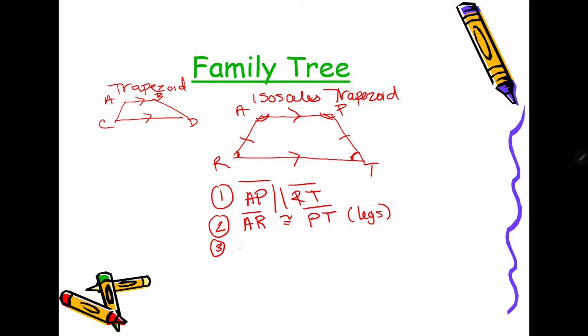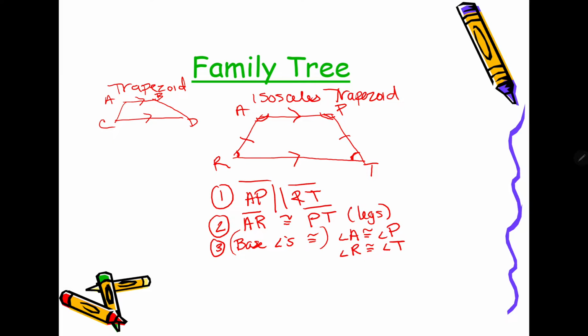So base angles are congruent. In this example, angle A is congruent to angle P, and angle R is congruent to angle T. The bottom angles are congruent to each other, the top angles are congruent to each other.